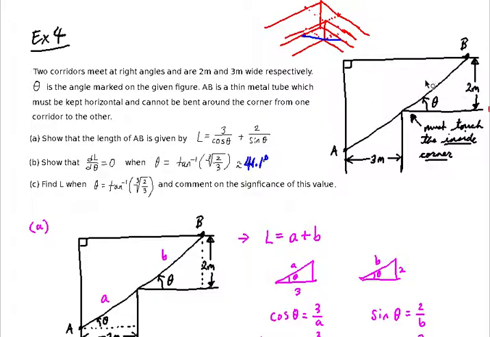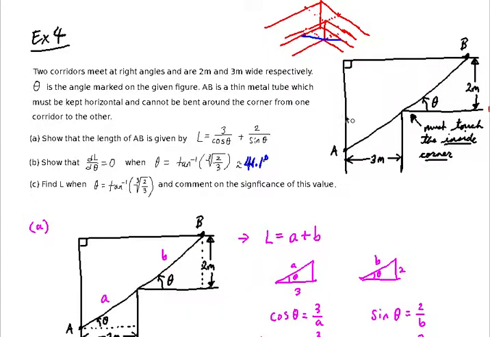The question asks what the length is and how it changes relative to the angle. If I make this angle flatter, you would expect the length to be longer. If I make the angle steeper, you would also expect it to be longer. So if we find the derivative, we can see there's going to be some kind of change here.